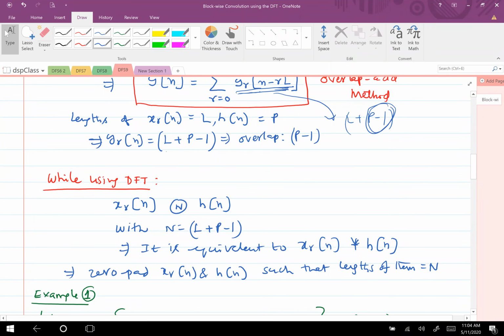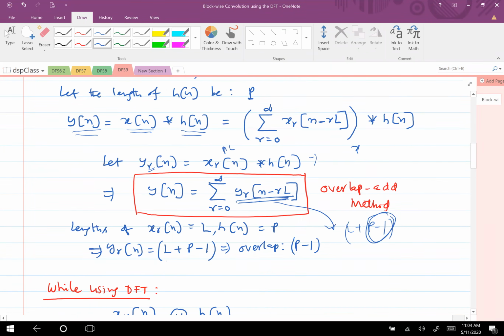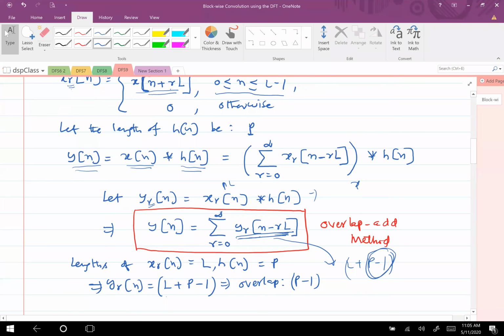Again, the theory we have discussed so far you could do even with direct linear convolution, because we haven't talked about anything specific like the DFT. We have simply written the linear convolution while splitting the signal into blocks of L and convolving each block with your impulse response. That's the expression we have written purely in the time domain itself.